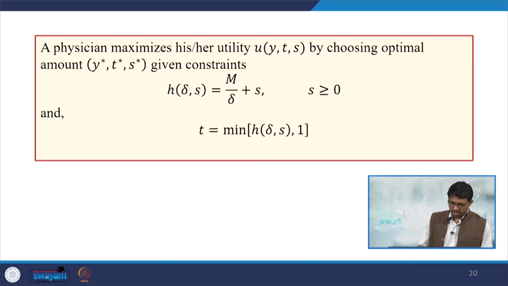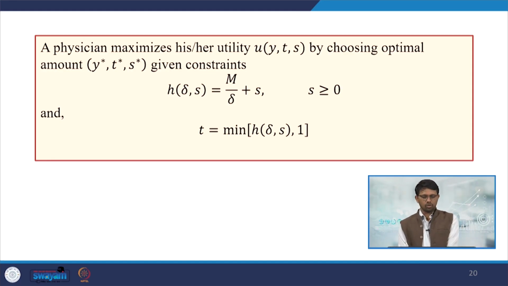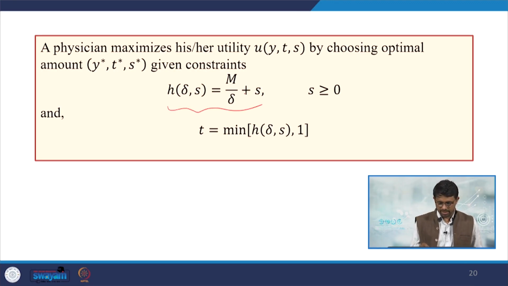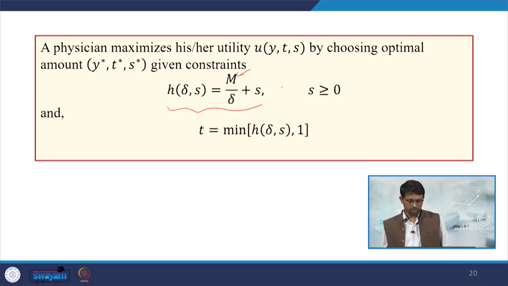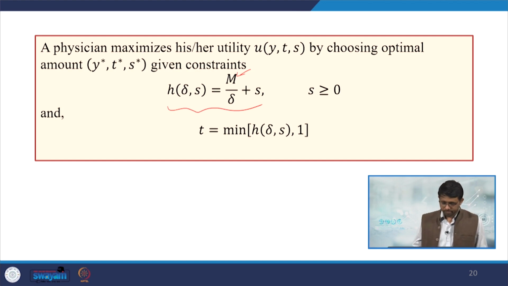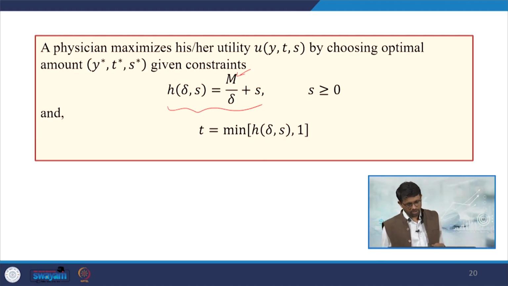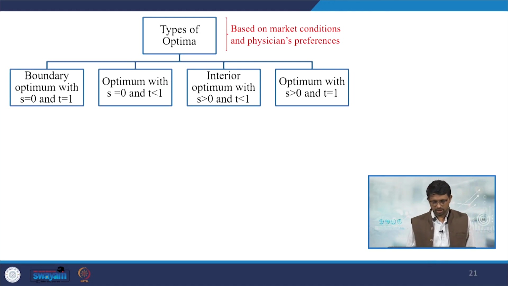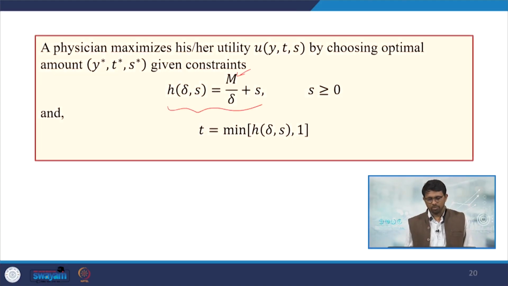So, for the constraints, we start with the induced healthcare demand function as H of delta and S. We have already clarified in the previous slides that this is the natural healthcare demand function plus the induced demand function, or the extent of this induced demand, subject to T, which we have already mentioned is the minimum of these two.